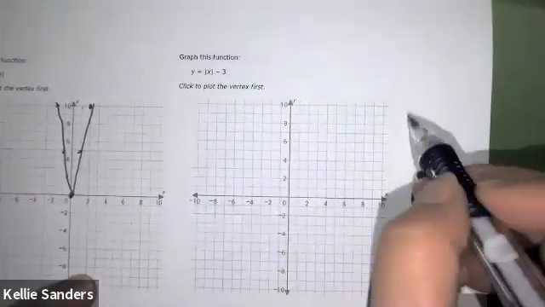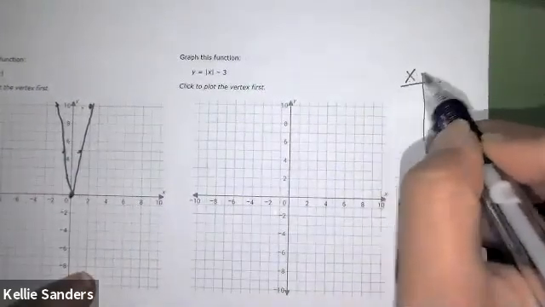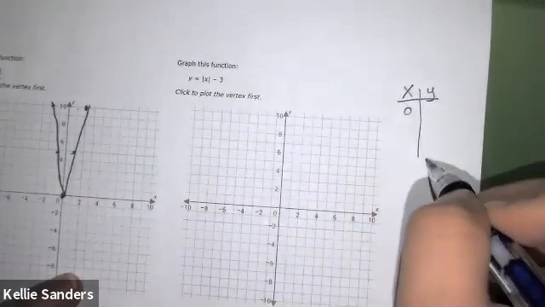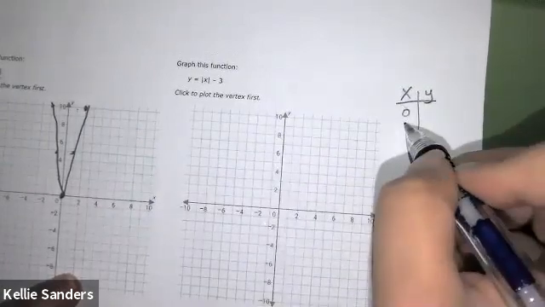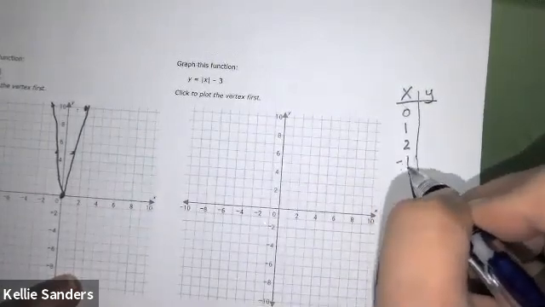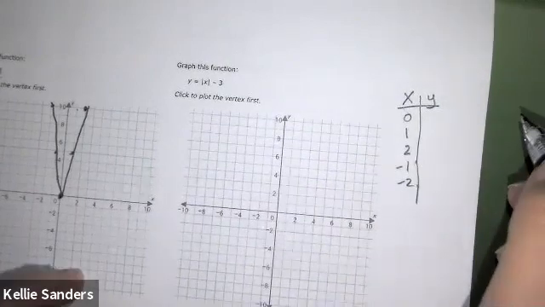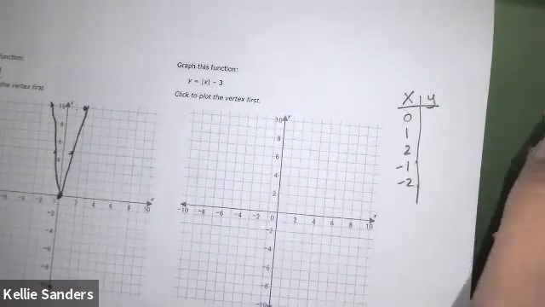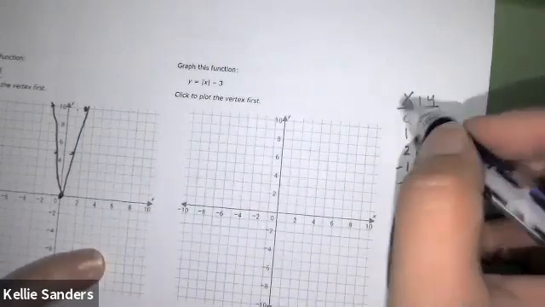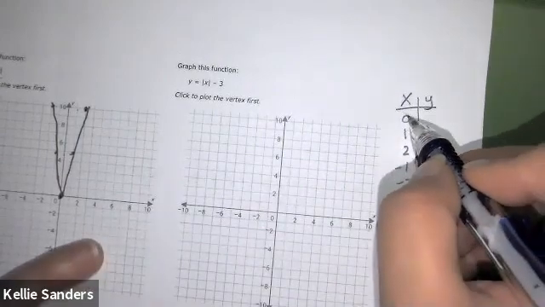All right, let's see what happens here. 0, 1, 2, negative 1, negative 2. You don't always have to use these numbers. They're a good way to start out and see what's going on with it, though.